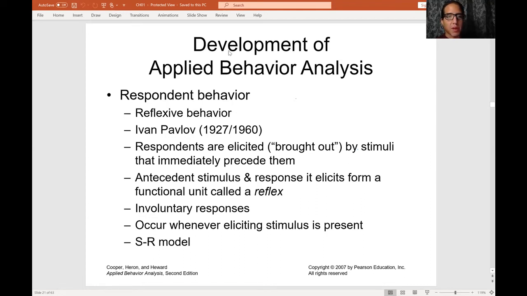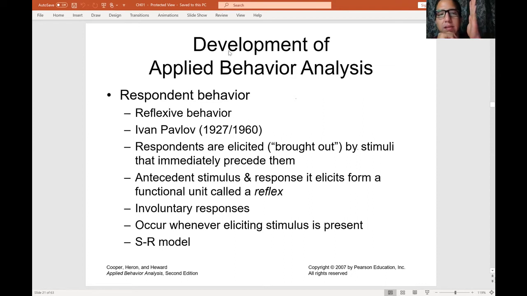So, for example, if somebody tries to put their finger inside of your eye, your first response is going to be to close your eyes, right? It's a reflex. So these are the behaviors that he was looking at here, and he was looking at antecedent stimulus and response, and the responses that it elicits form a functional unit called a reflex, right?